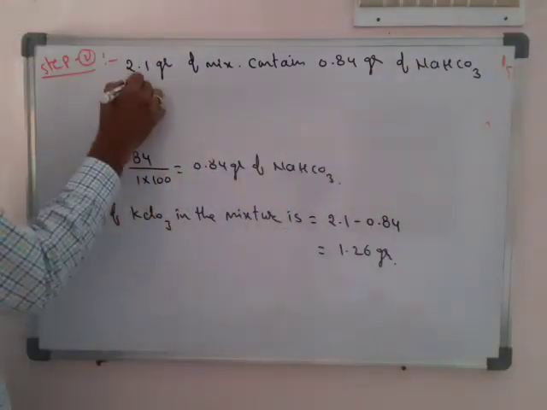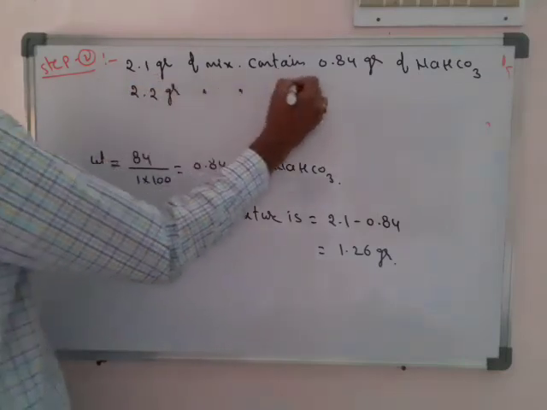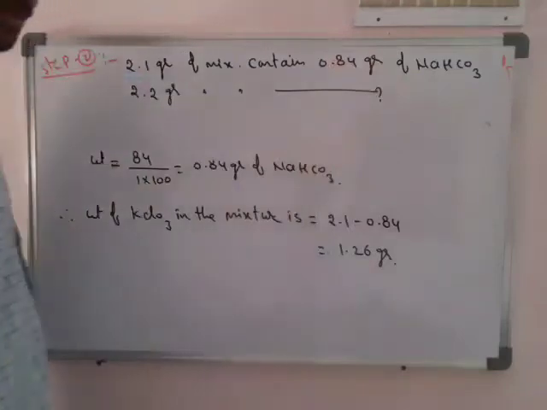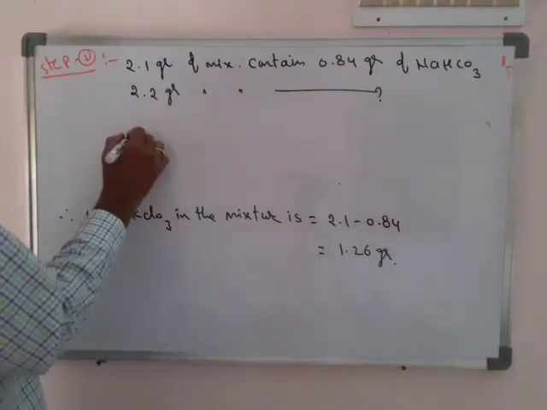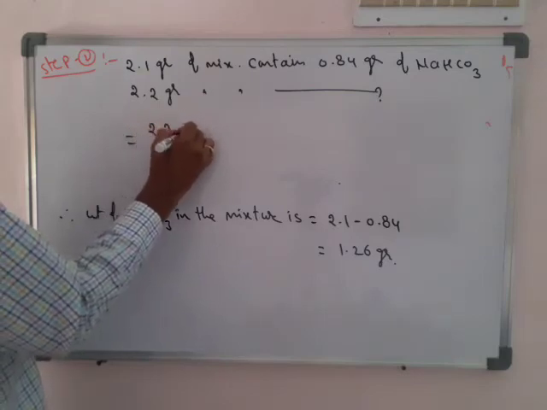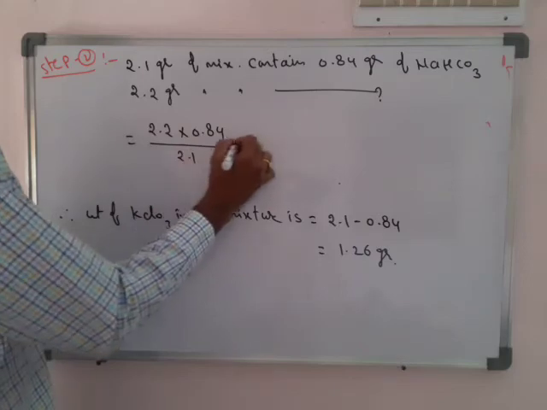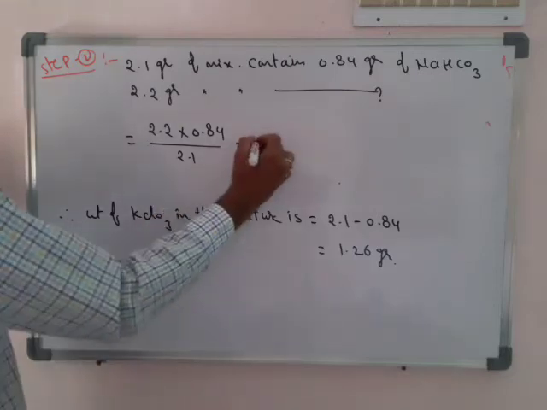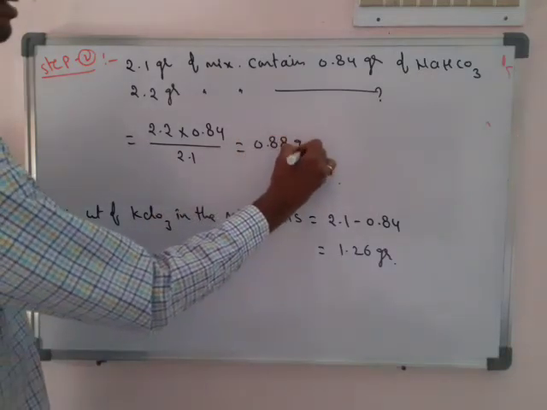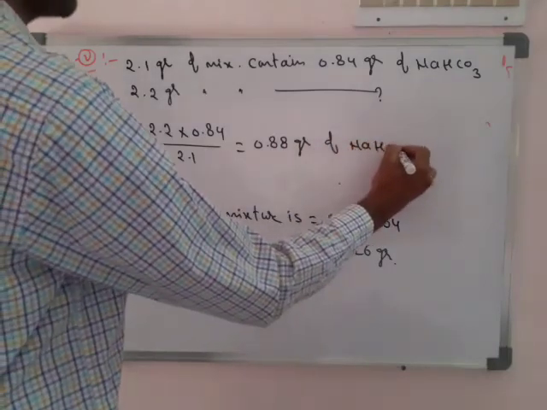Then what about 2.2? Here, nearly an equal amount approximately. So here it is given as 0.88 gram of sodium hydrogen carbonate.